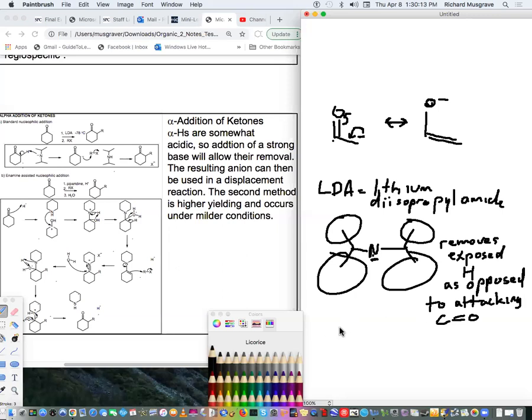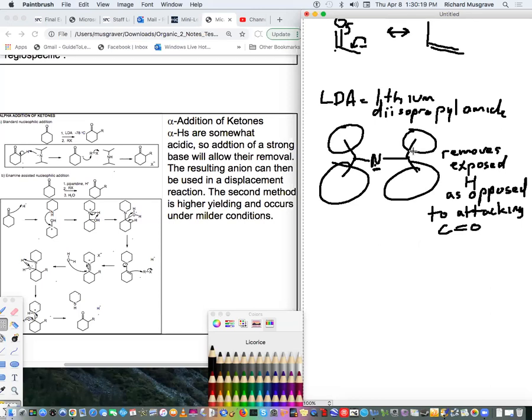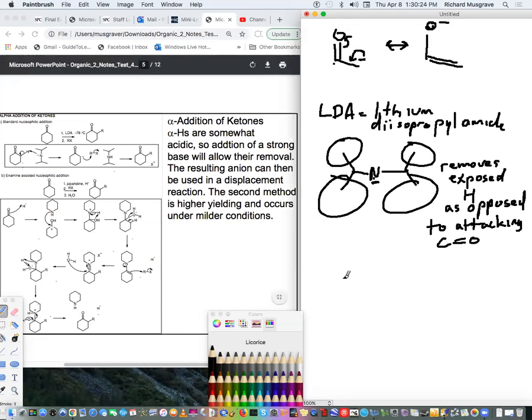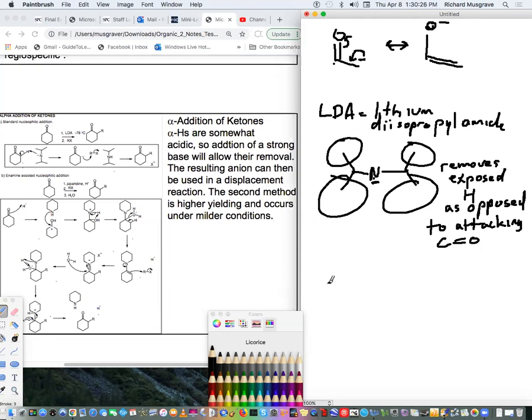So let's look at an example here. LDA, now it's low temperature here, minus 78 degrees.